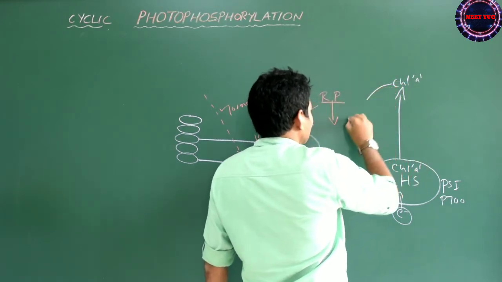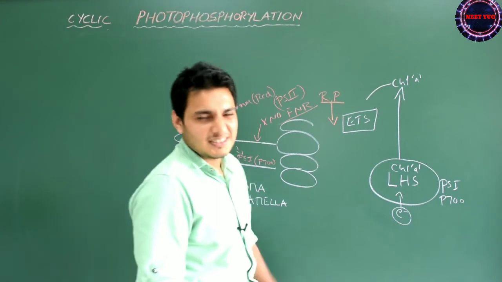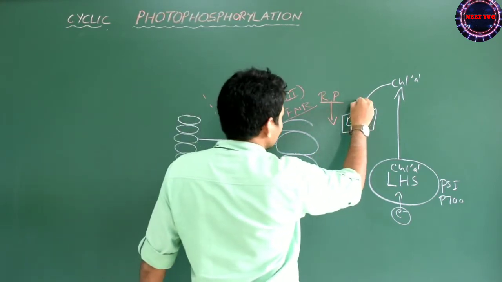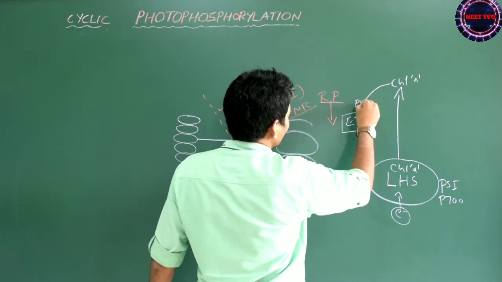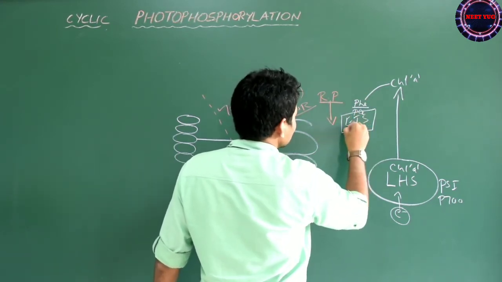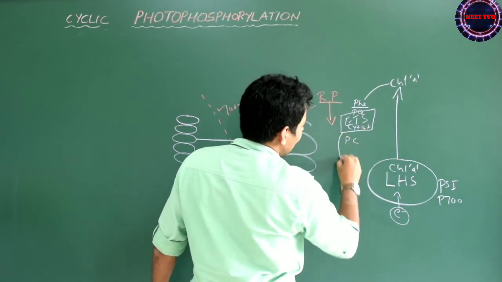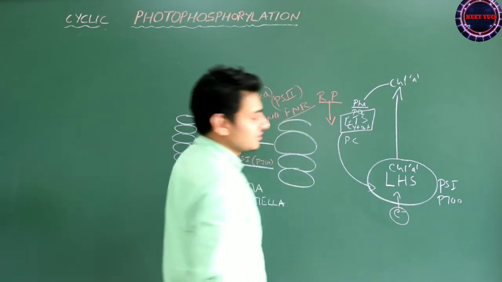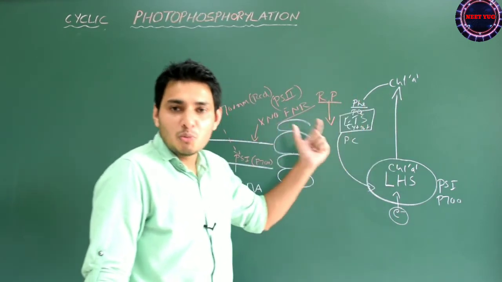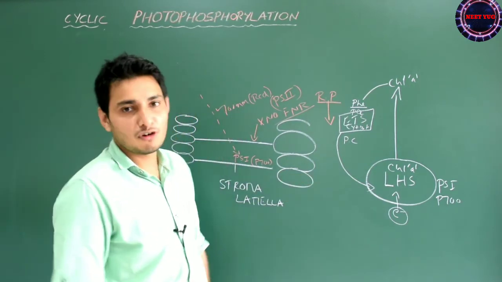Now it transfers the electrons to the ETS. In the ETS we have pheophytin, then plastoquinone, then cytochrome b6f, then plastocyanin, and the electron finally reaches the LHC. That means you see only the circular movement of the electrons within photosystem 1. Hence it is called cyclic photophosphorylation.